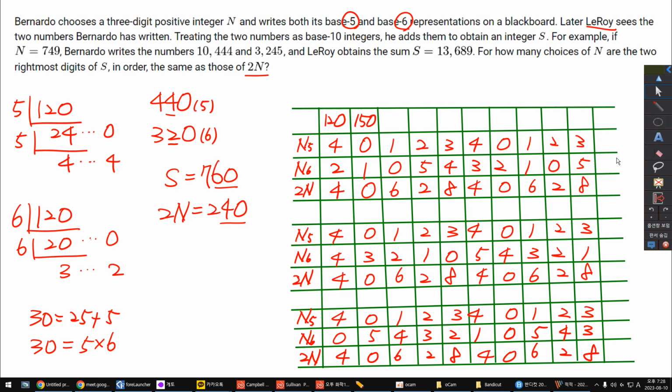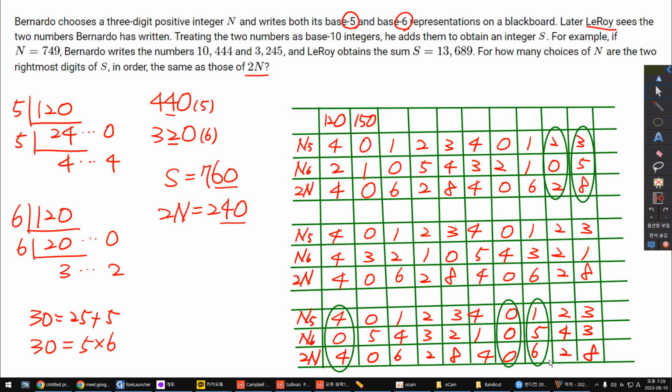So in this case, 2 plus 0 is 2, and 3 plus 5 is 8. This one. So there are 5 cases.